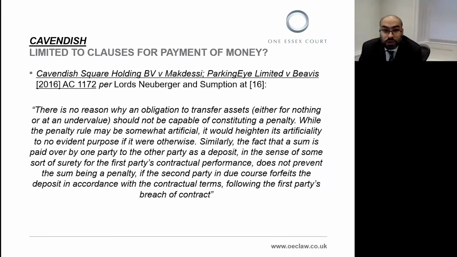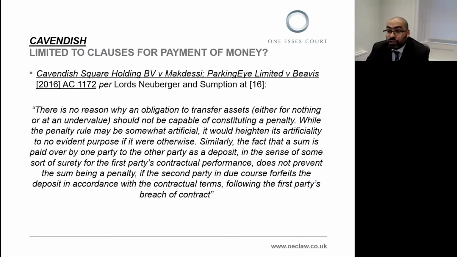And their lordships answered that question as follows. Payment of a sum of money is the classic obligation under a penalty clause, and in almost every reported case involving a damages clause, the provision stipulates for the payment of money. However, it seems to us, and this is the passage on the slide, there is no reason why an obligation to transfer assets, either for nothing or at an undervalue, should not be capable of constituting a penalty.